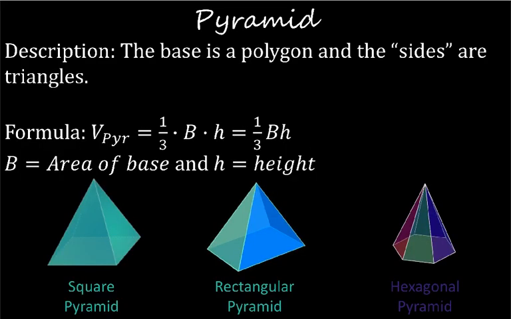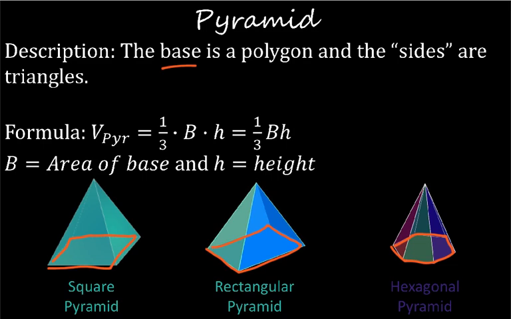A pyramid has a base that is a polygon, and again, the sides are triangles, and sides is in parentheses because they aren't really sides, they're lateral faces as well. So there's the base of the square pyramid, here's the base of the rectangular pyramid, and there is the base of the hexagonal pyramid.